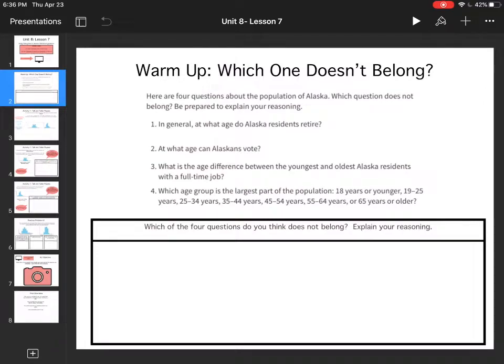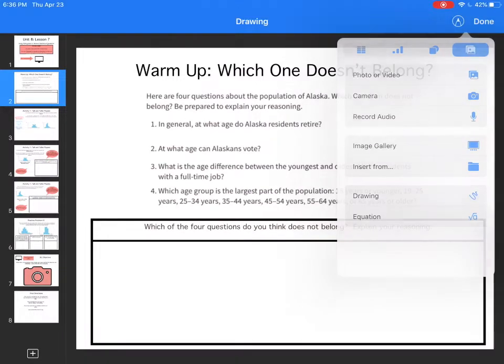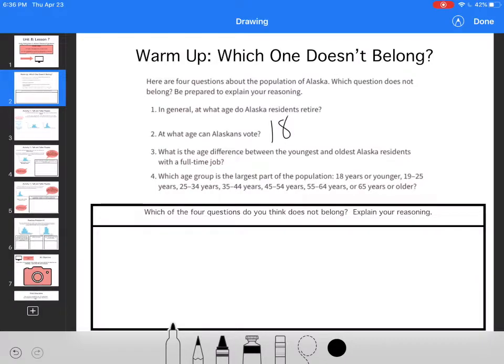Well, Alaskans can all vote at 18, so that's no variety. What is the age difference between the youngest and oldest Alaska residents with a full-time job? Well, that's going to be one answer because it says the oldest and the youngest. So that's going to be one answer.